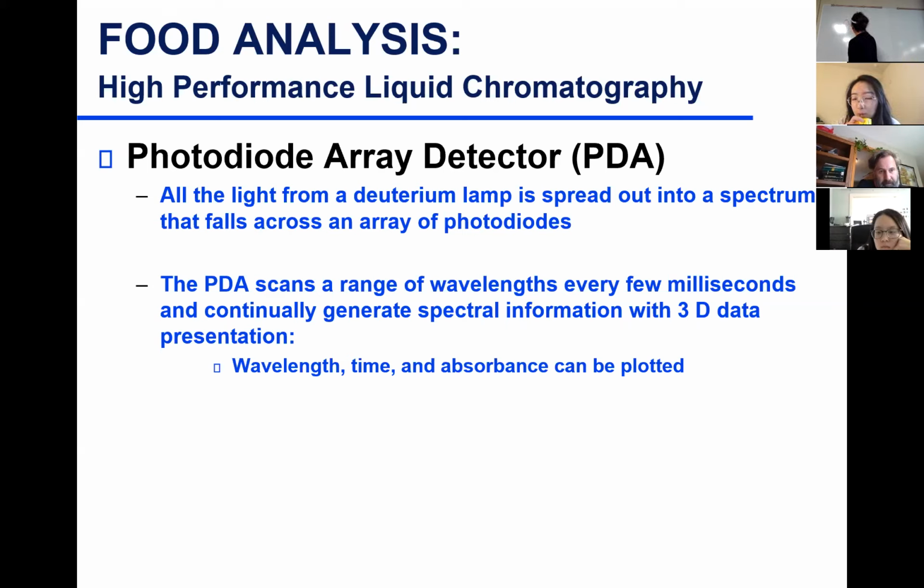So the light from your lamp, in the photodiode array detector, is going to go straight to your sample. Let's say your sample is in a cuvette or is passing through in the flow cell of your HPLC. So here's your sample.